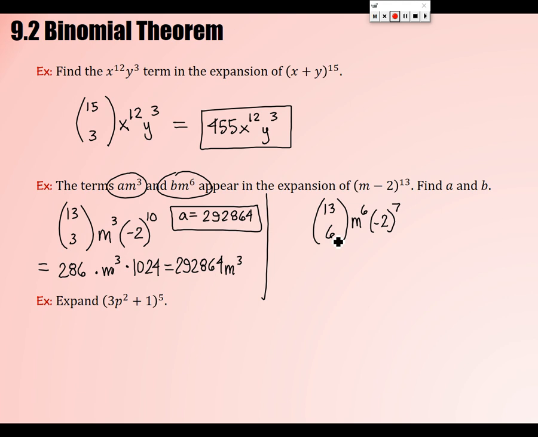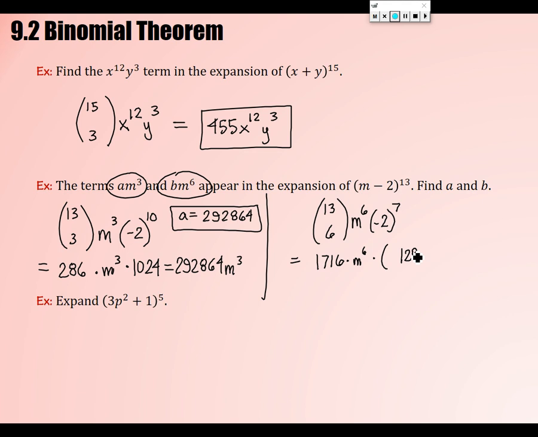Okay. And now type in both of these things here. We need 13 choose 6.